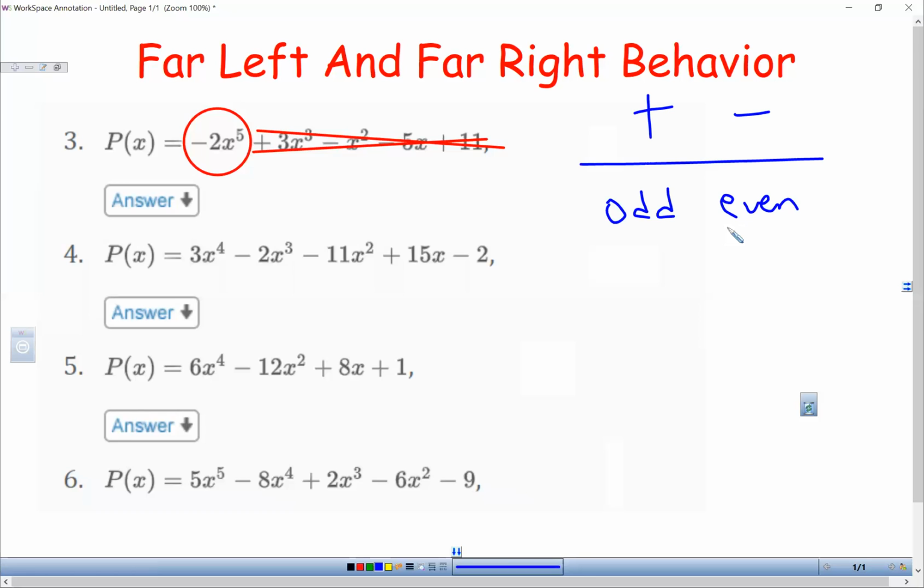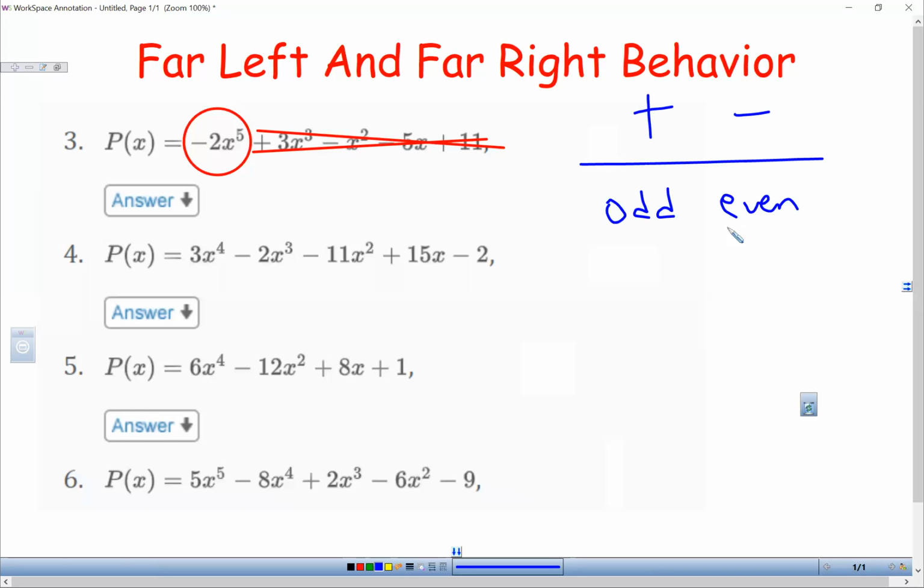So on the far left and the far right side, the graph is either going to go up, which means it's going positively up from the x-axis, or it's going to go down negatively from the x-axis in a downward direction. So you need to memorize the patterns for these.